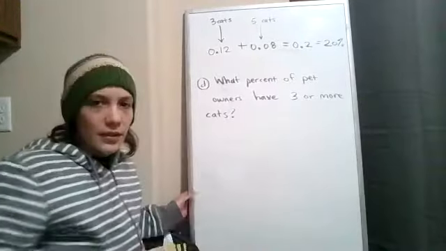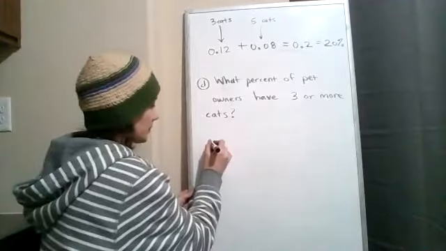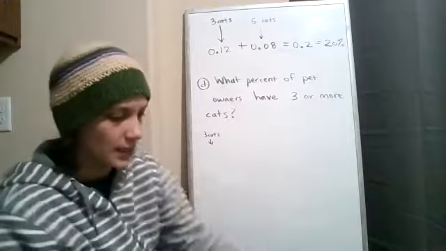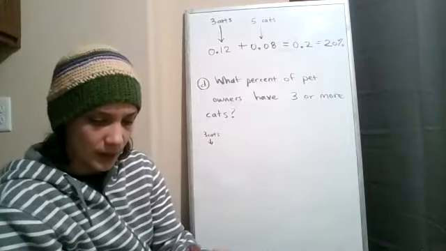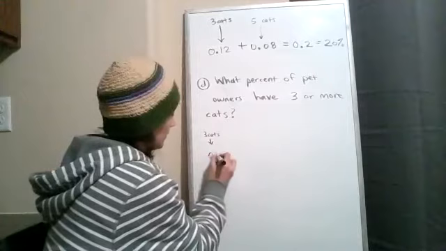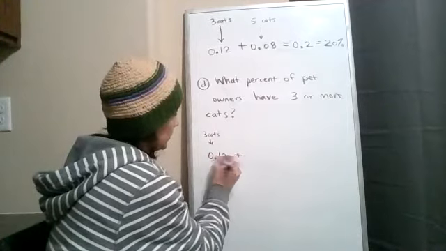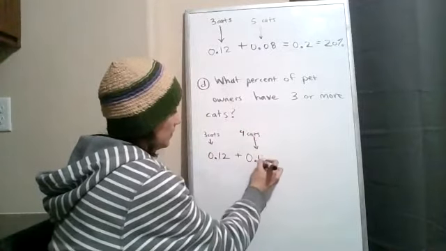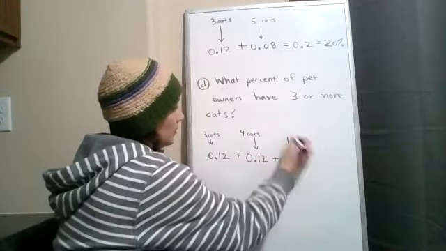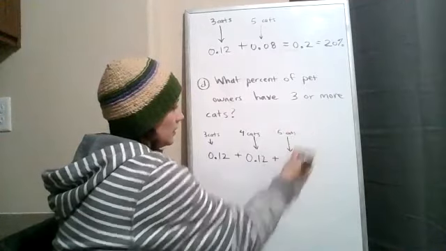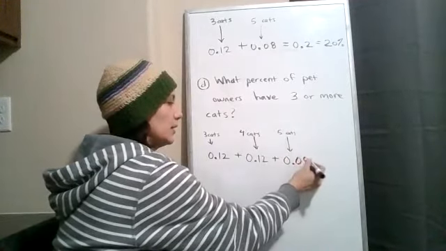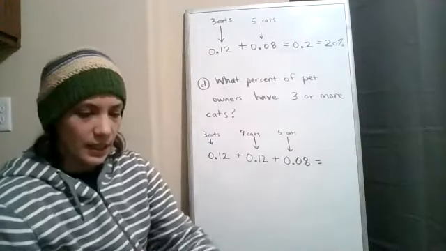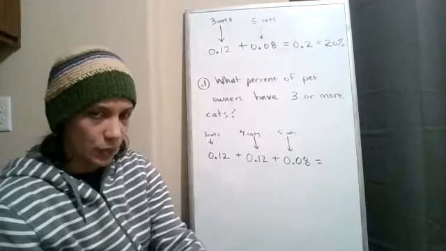Write it as a percentage. Three cats is 0.12. Plus the one for 4 cats, the same. Plus the one that goes for 5 cats, 0.08. This time, let's see, I got 0.32.